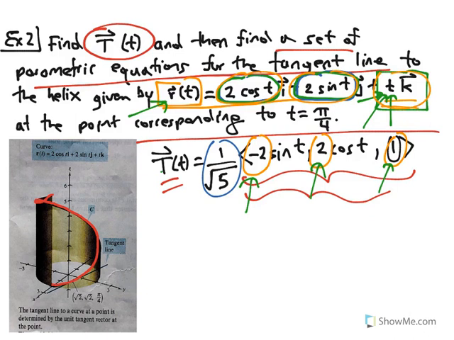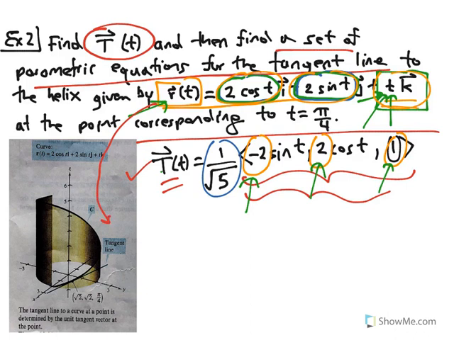How can we use that to do what we're being asked to do in example 2? Find the unit tangent vector, we've already done that, and then find a set of parametric equations for the tangent line to the helix given by this vector valued function at the point corresponding to t equals pi over 4. So you can see here what point we're talking about.